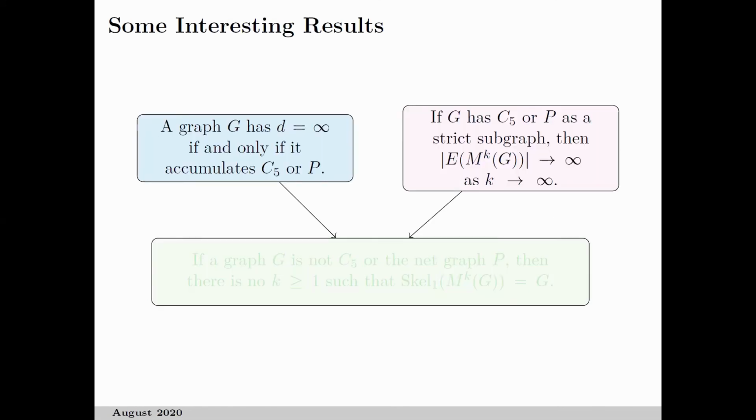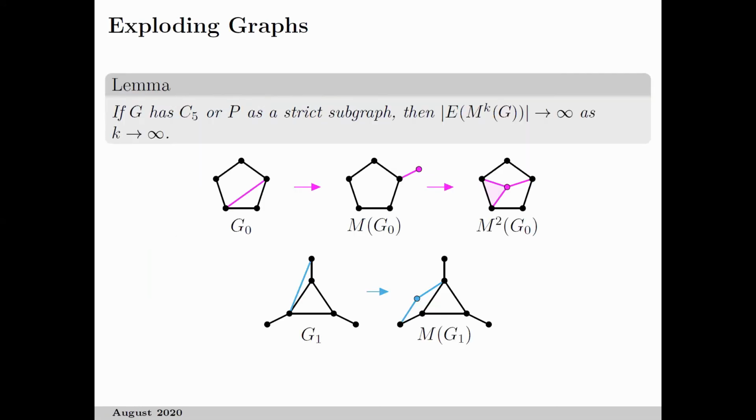The second of the interesting results is this. If G has C5 or P as a strict subgraph, then the number of edges in the kth matching will grow without bound. The strict condition simply means that G is not C5 or P. To prove this result, we claim that if G has C5 as a strict subgraph, then it must have this G0 shown as a snipped subgraph.